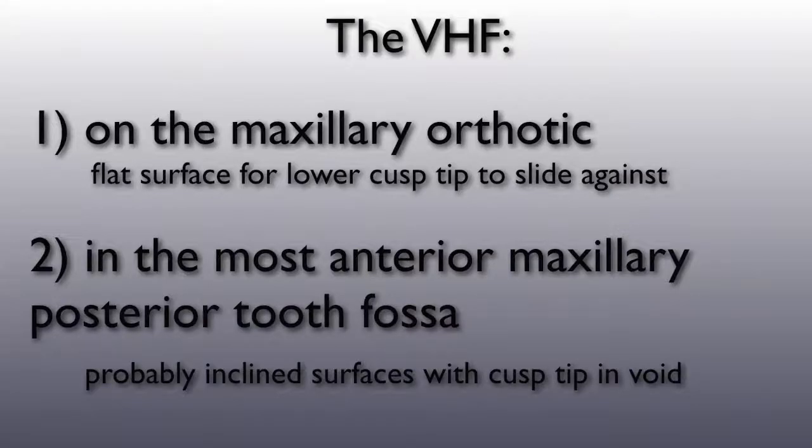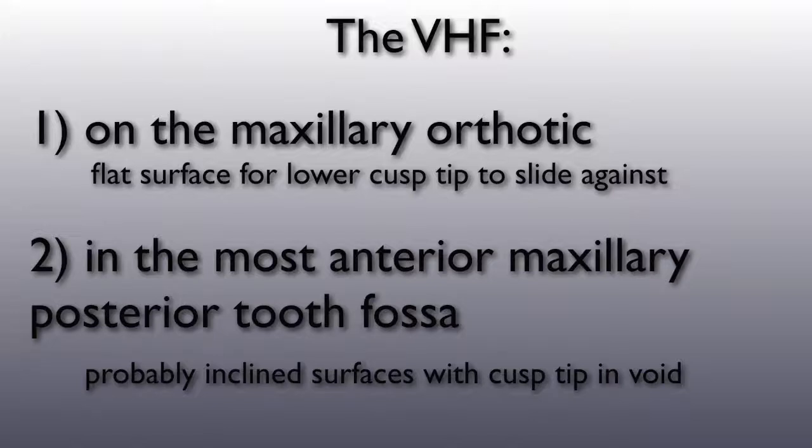In the previous video, we worked with the vertical holding fulcrum on the maxillary orthotic, which was a relatively simple thing to do because it was a flat surface against which the lower cusp tip could articulate and slide.